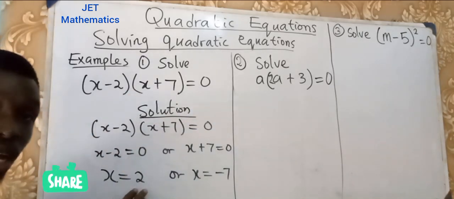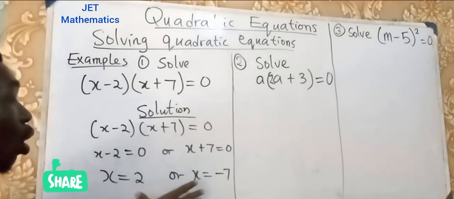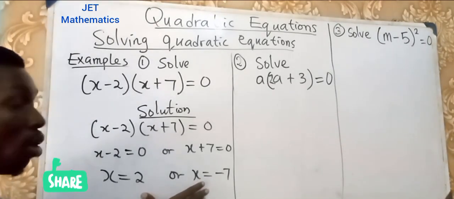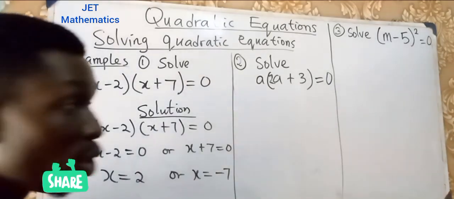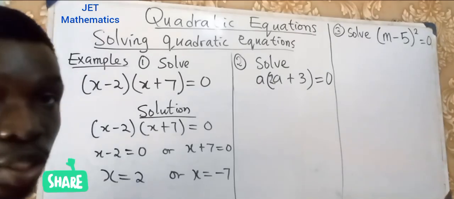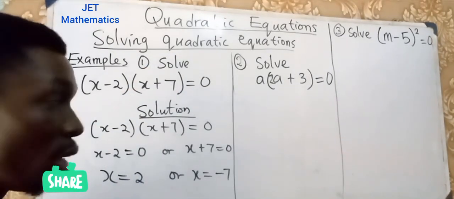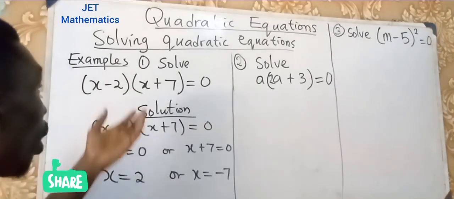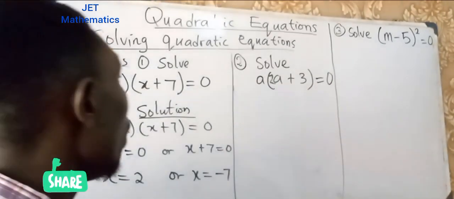These solutions are otherwise called the roots of the quadratic equation or the zeros of the quadratic equation. In our next video, we'll be looking at the factorization method for solving quadratic equations. But in this video, we are looking at a very simpler stage of it.